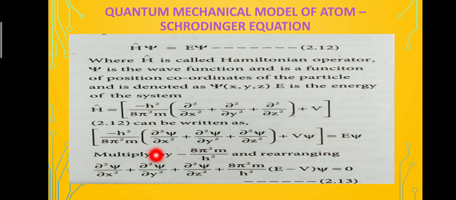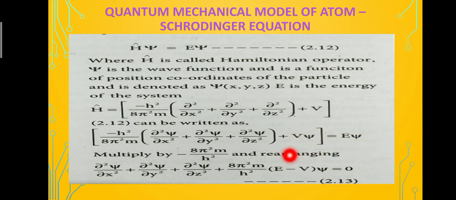So multiplying this equation throughout by minus 8 pi square m by h square and rearranging, we get dou square psi by dou x square plus dou square psi by dou y square plus dou square psi by dou z square plus 8 pi square m by h square into (E minus V) psi is equal to 0. So we are rearranging this; we are taking the E from this side to this side.